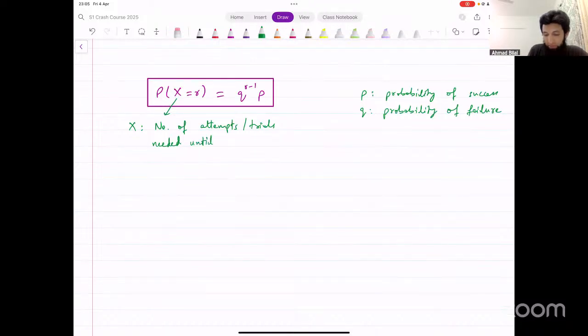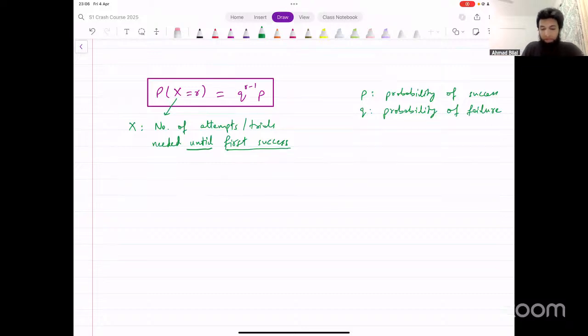This is another keyword that you will see being used in the questions a lot. Until something happens. Until first success. These are the keywords that you will notice in geometric distribution questions. You're looking for the probability of having a certain number of attempts for the first success.